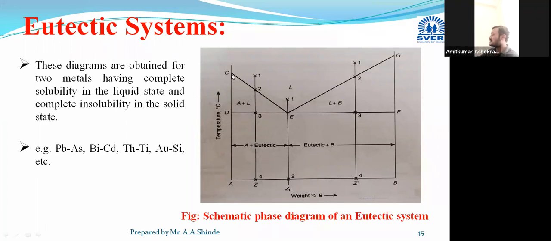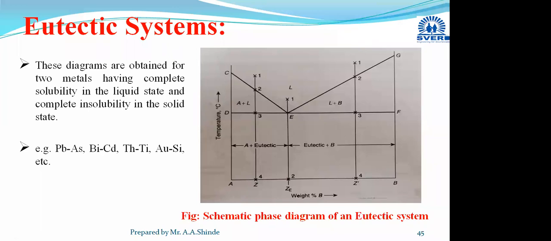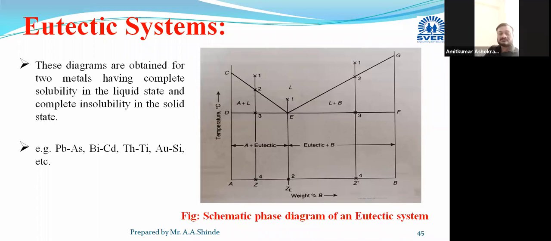The next description for this diagram will be this line. Now you have to write. Now in any equilibrium diagram, you have to mention the solidus line and liquidus line.